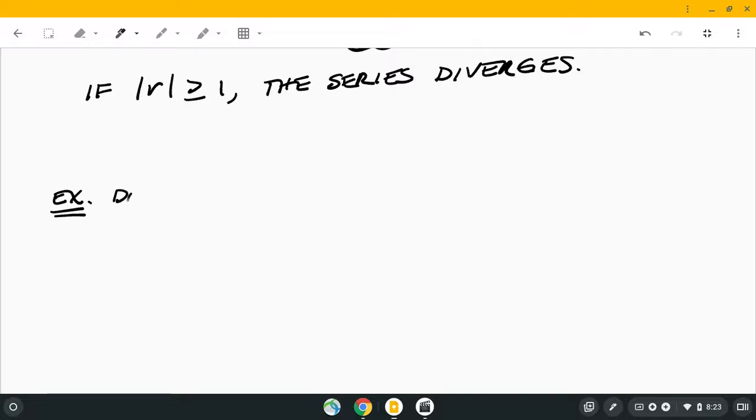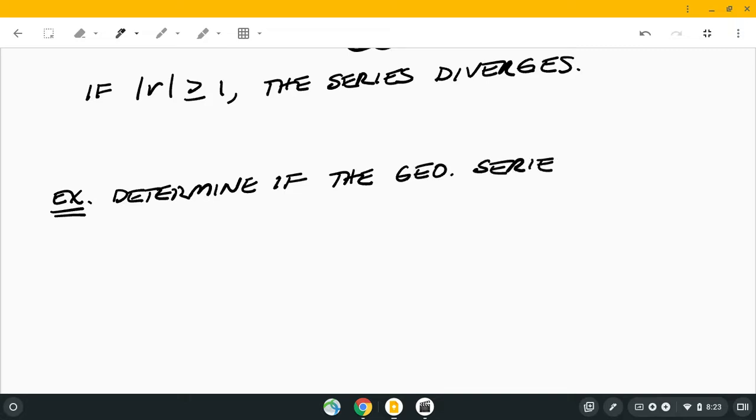Determine if the geometric series converges or diverges. And again, it converges or diverges depending on R. So determine if the geometric series converges or diverges.